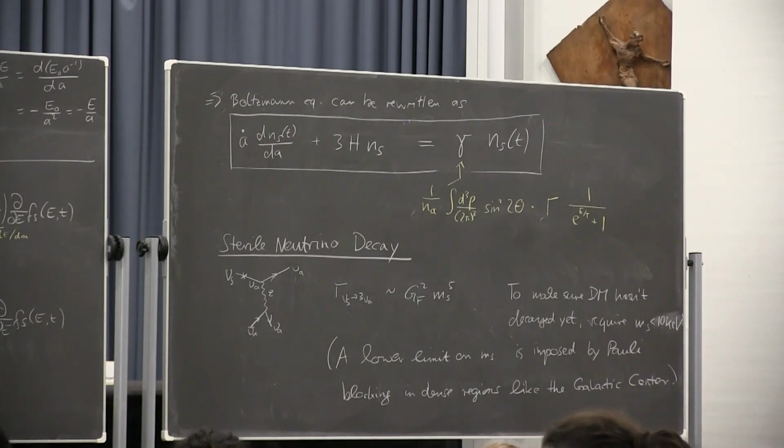Okay, but if we are within these constraints, then in principle, at least from this perspective, sterile neutrinos remain a viable dark matter candidate.